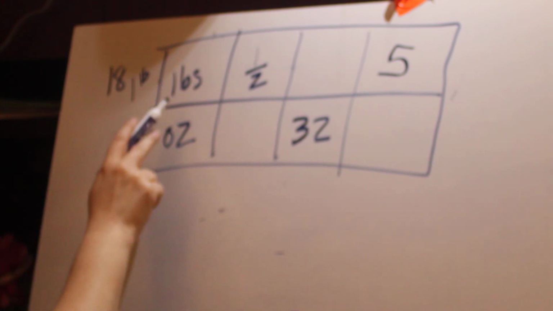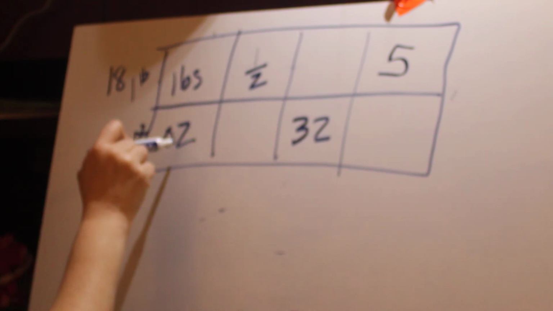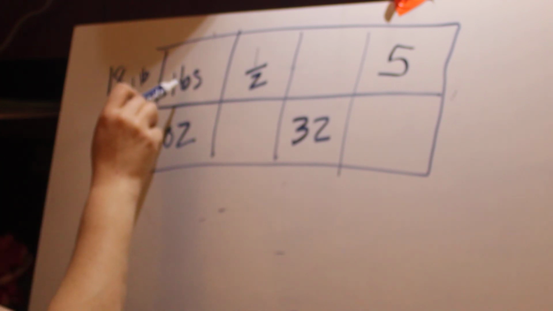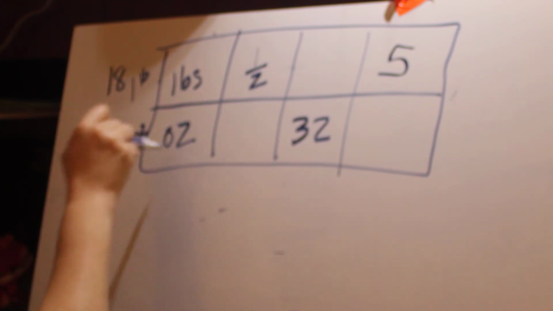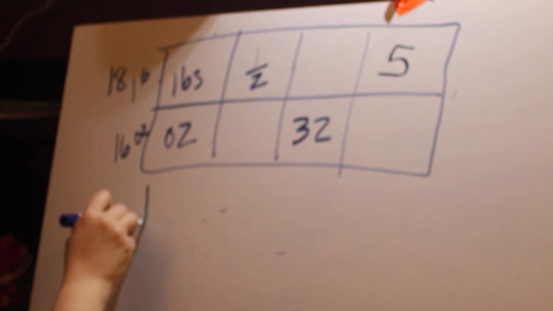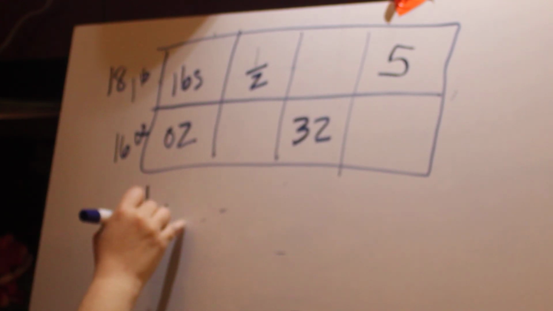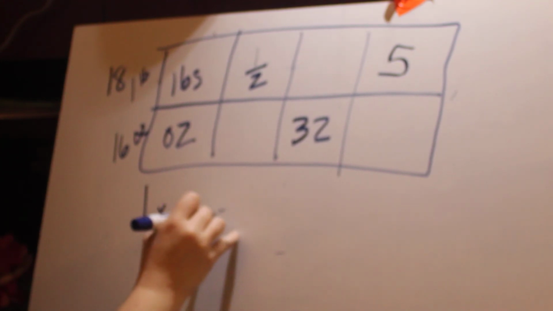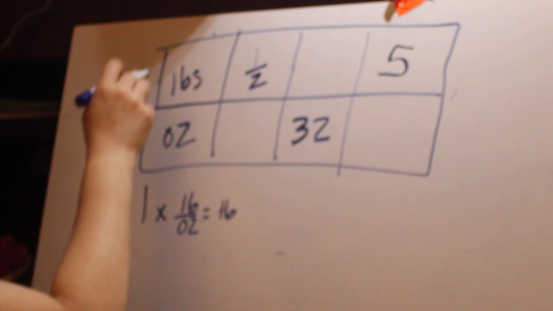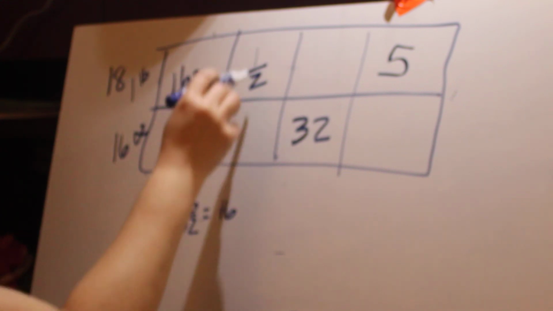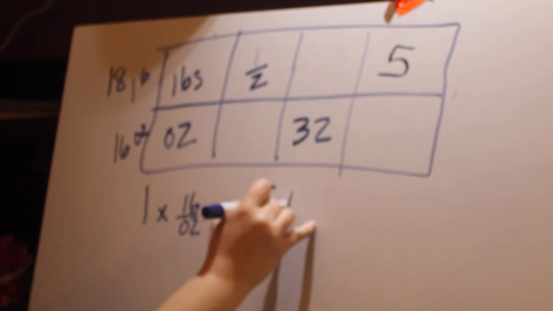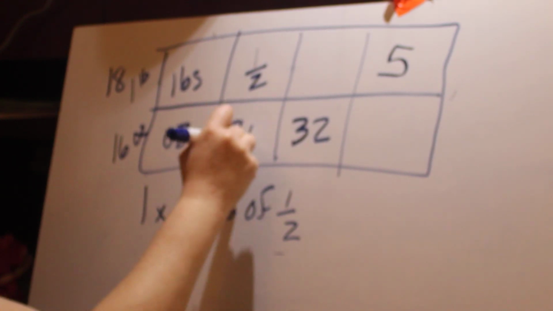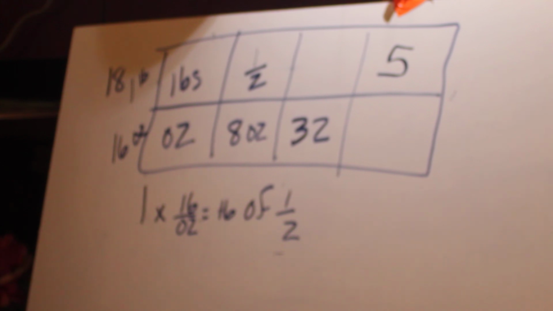How do I get from 1 pound to ounces? Well, 1 pound times 16 ounces gives me 16, right? But what's half of 16? That gives me 8 ounces.